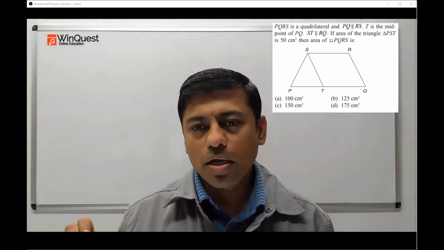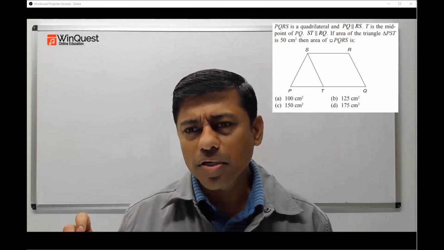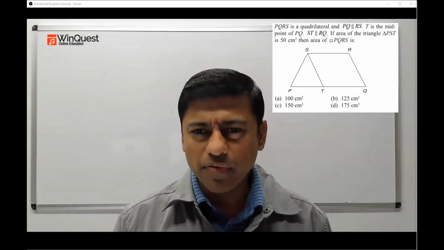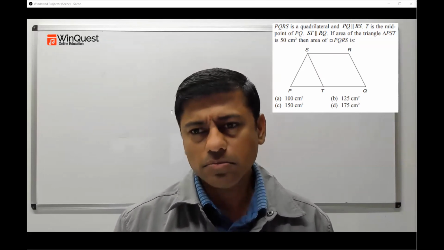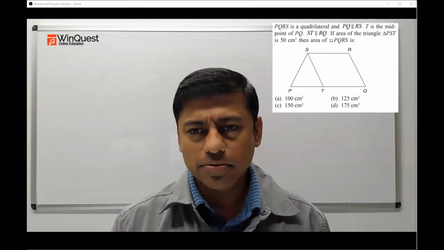Did we call out that quadrilateral PST is the midpoint? Did we say that PST is an equilateral triangle? Did we say anything like that? No, there is nothing like that.